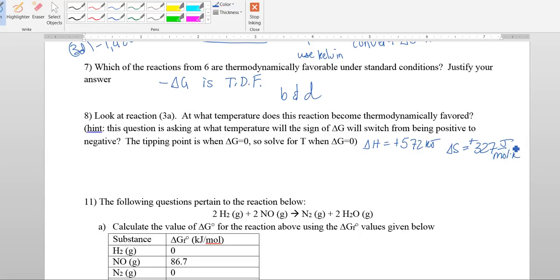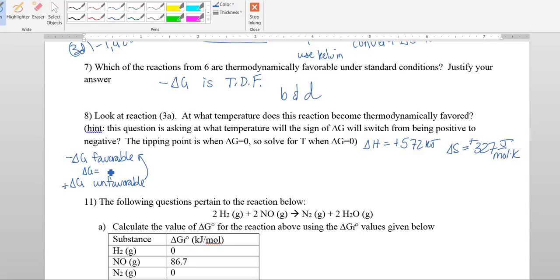The key thing is, if delta G is negative, then it is favorable. If delta G is positive, then it is unfavorable. So the question is asking at what point this reaction goes from being unfavorable to favorable. So what is that tipping point? What is just in between G being positive and G being negative? The answer is G being 0.